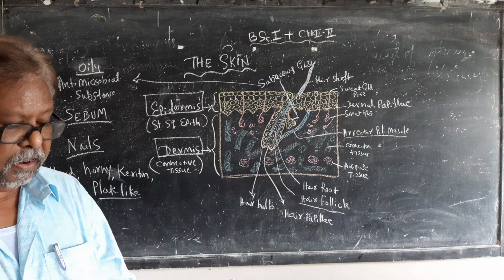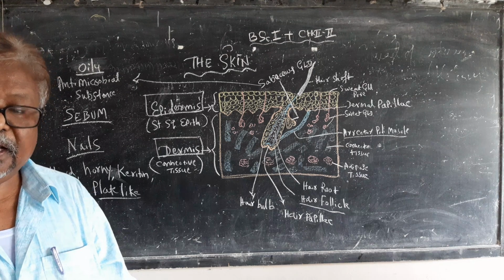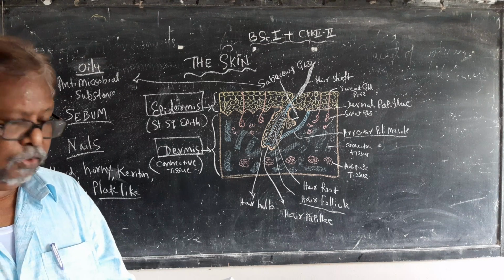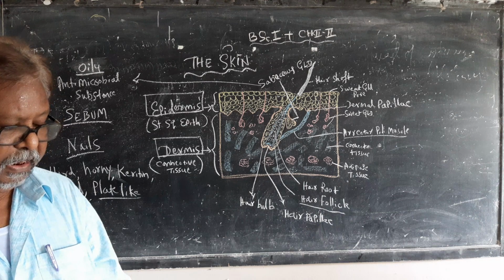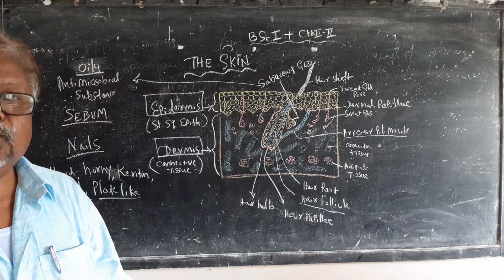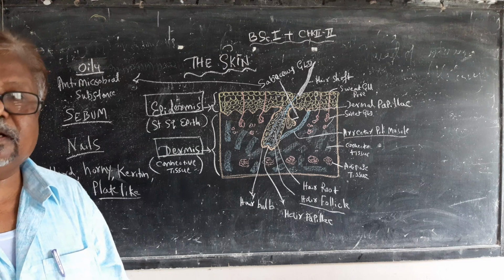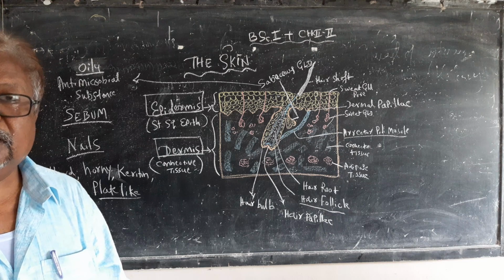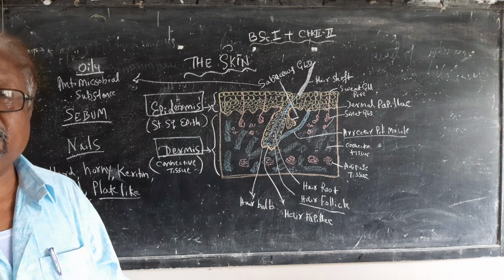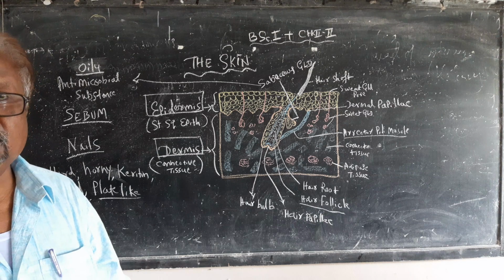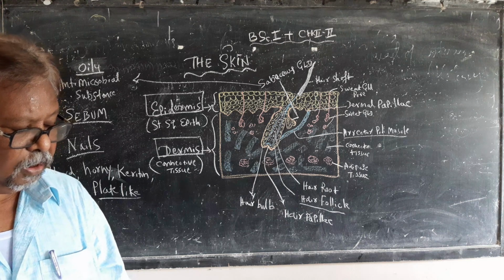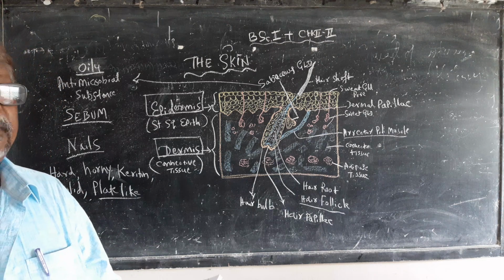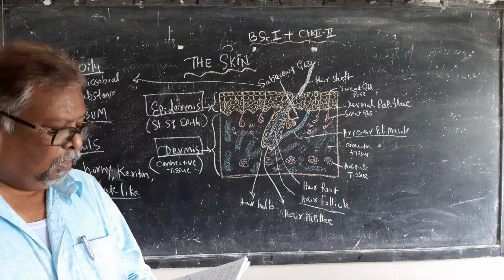When the sweat is produced, it takes up the excess of sodium, water and everything, and throws it out. So this is an important excretory organ also. So this is all about the skin.